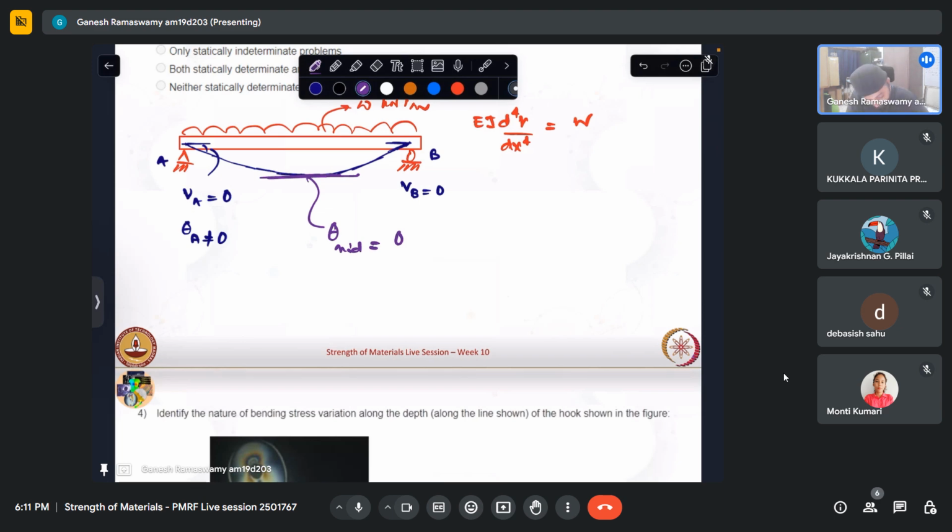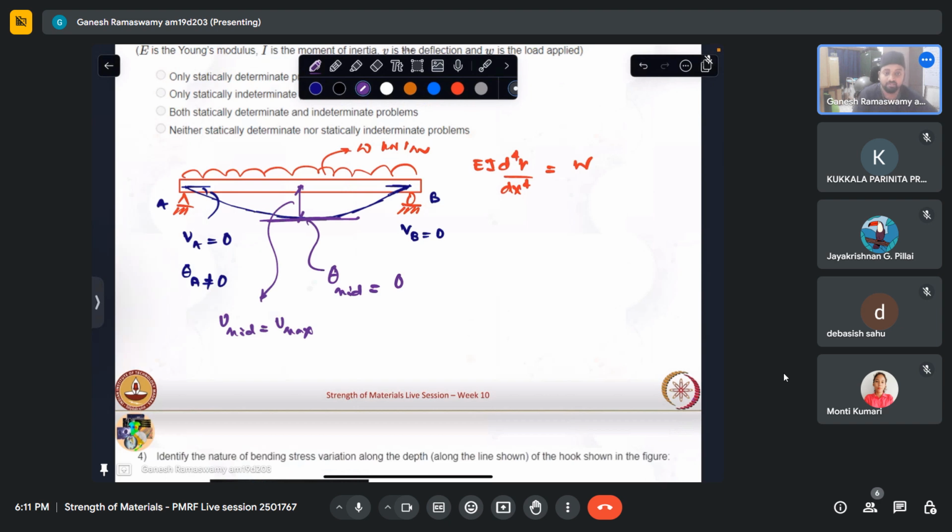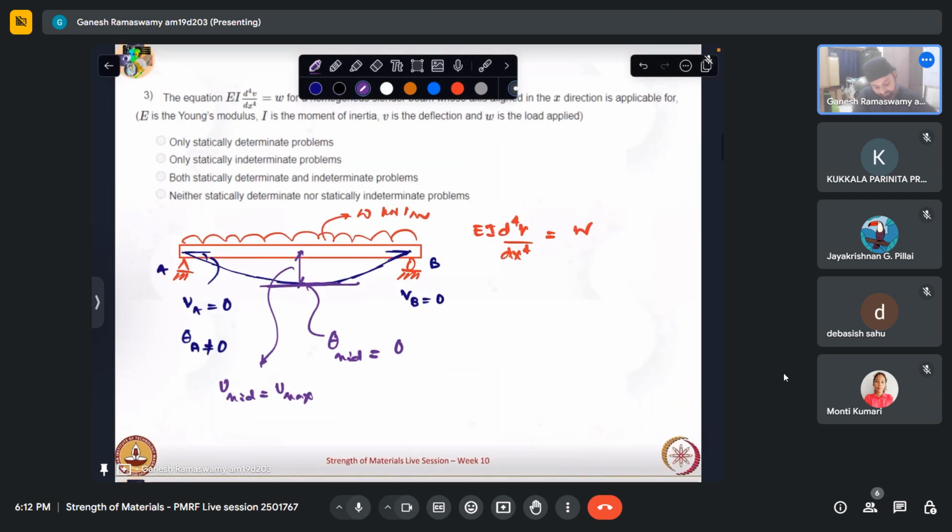At the same time, my deflection at the midpoint, by virtue of the problem being symmetric, is maximum. So V at midpoint is V max. So these are the boundary conditions which I can apply. Once I integrate this equation, I can systematically apply them, and I can arrive at what the deflected curve is.